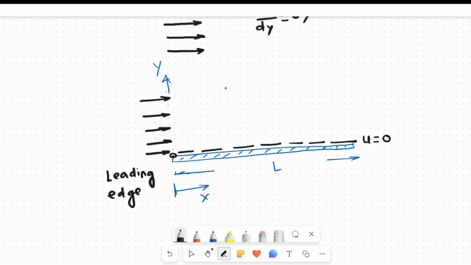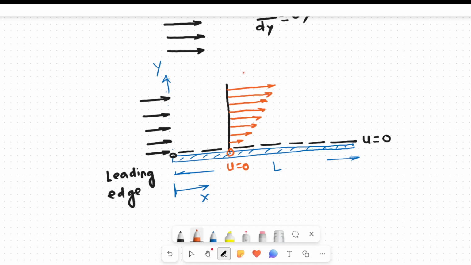If we draw the velocity profile along the y direction, at the surface, as we said, u equals 0, and as we go in the upward direction, the velocity will go on increasing, because the effect of the plate, because of the forces experienced by the various layers in the y direction, will be less in intensity.